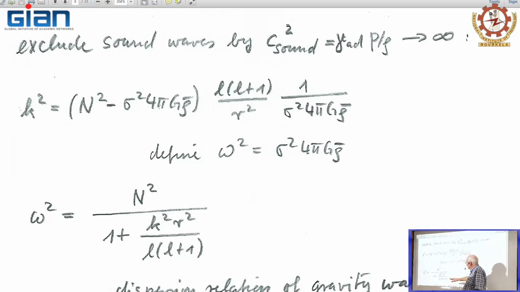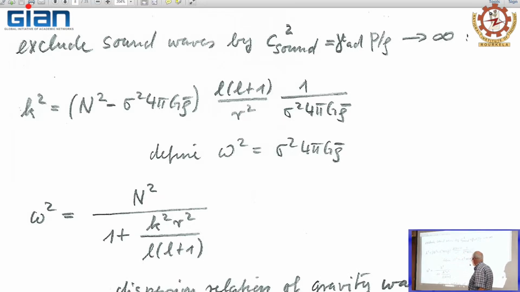This means this is the radial wave number over the tangential wave number squared. And this is a typical frequency wave number relation for the so-called gravity modes. The gravity modes live from the Brunt-Väisälä frequency, which is gravity and entropy gradient.